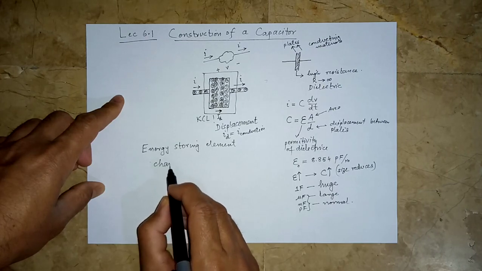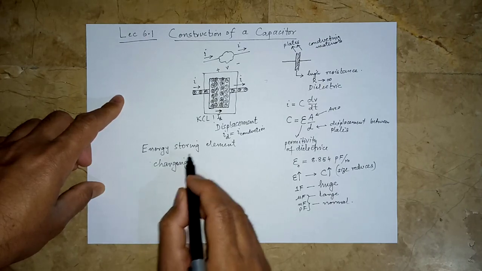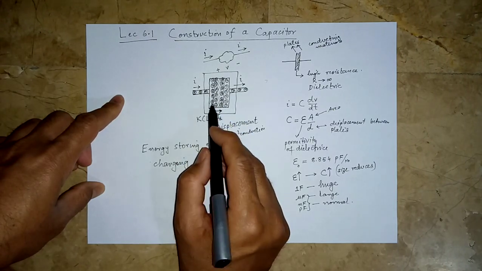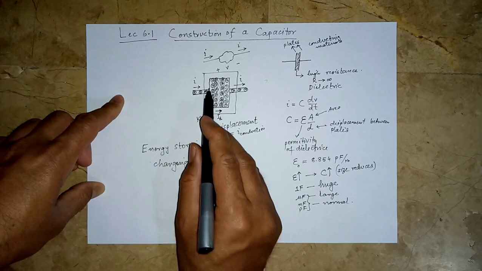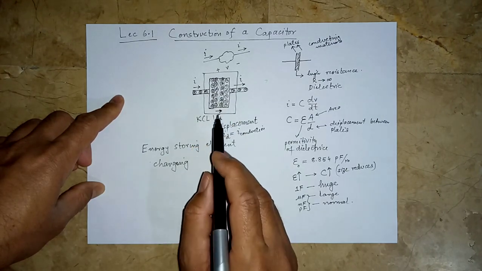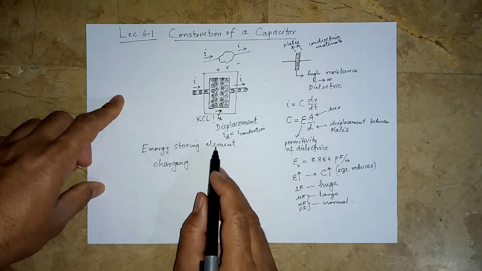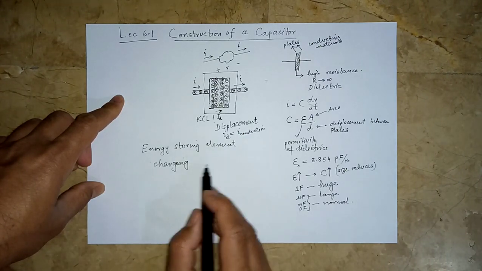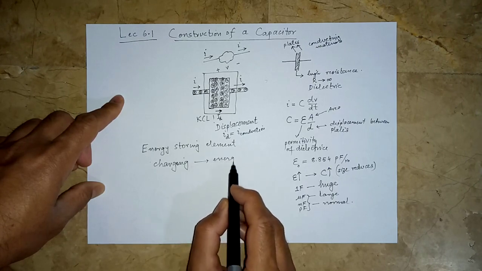There is a mechanism we term charging a capacitor. Initially there was no positive charge here, no negative charge here, and we supplied the current, and we got positive charge here, negative charge here, and the capacitor got charged. When the capacitor was not charged, there was no energy stored in it. But when it got charged, there is energy stored in it.